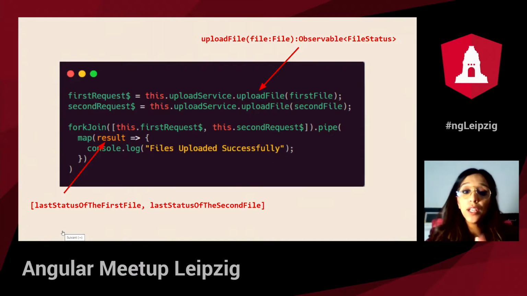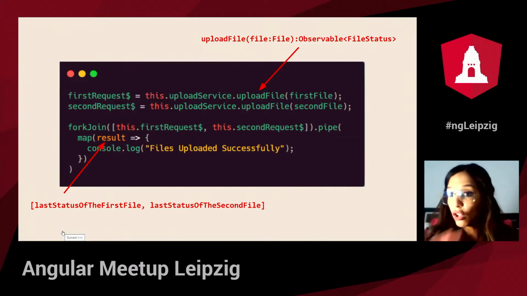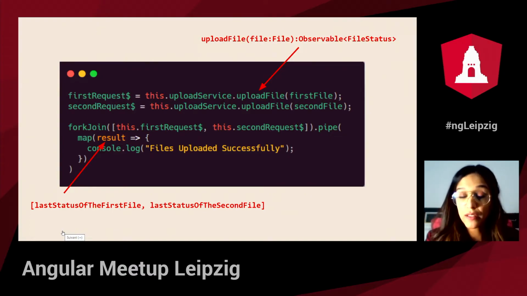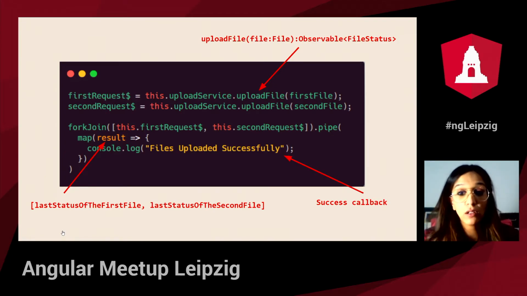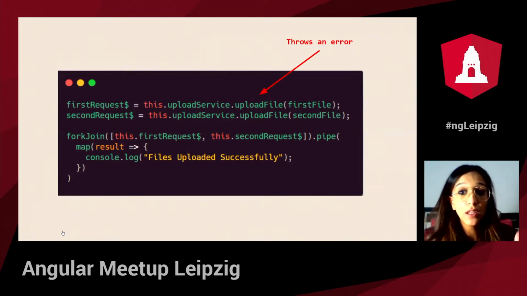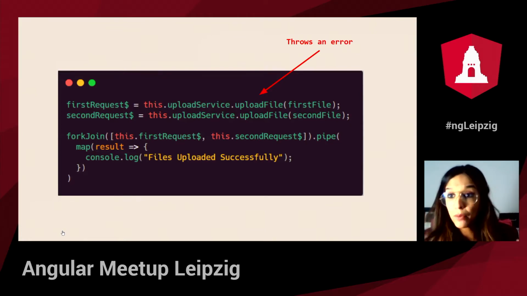Now, here is the happy case: all the files were uploaded successfully, nothing wrong happens. But this is not conform to the specification I described earlier, because when something wrong happens, this is the success callback. When the upload file throws an error, for example, the fork join is severe.